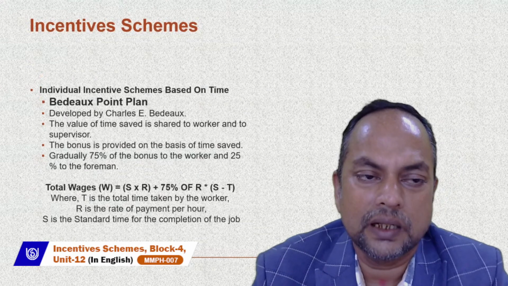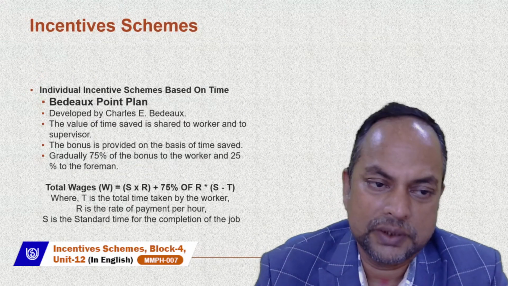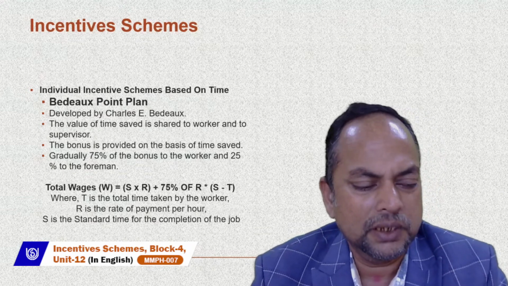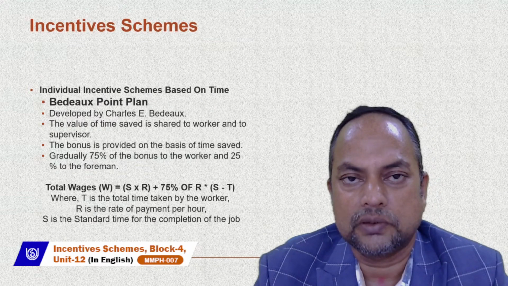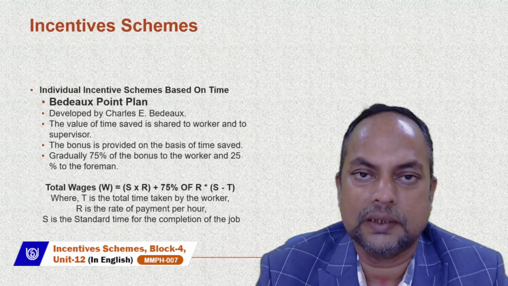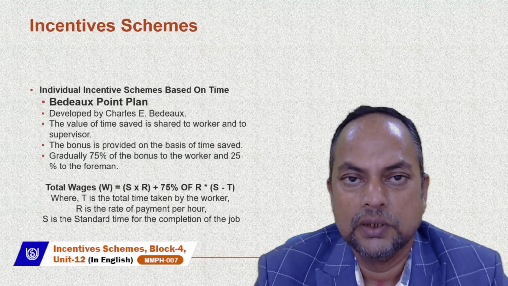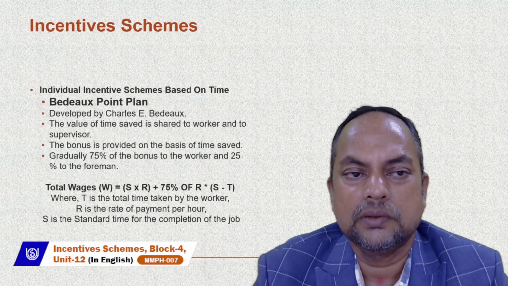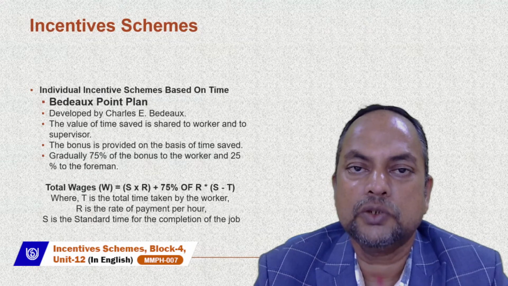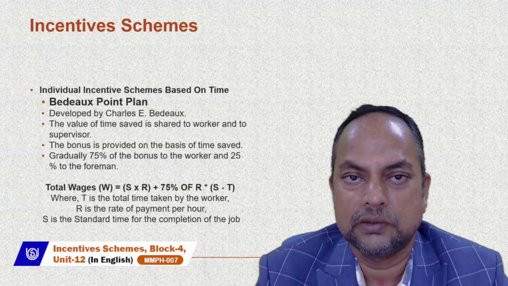And for the end, we do have the Bedaux plan, where Bedaux has come out with a different sort of proposal altogether. He said that if the worker is producing, there are contributions from the supervisor who makes the worker accomplish his task.